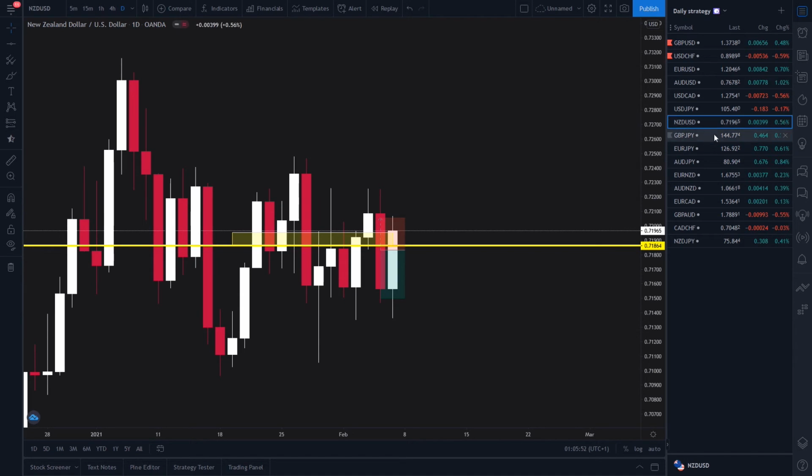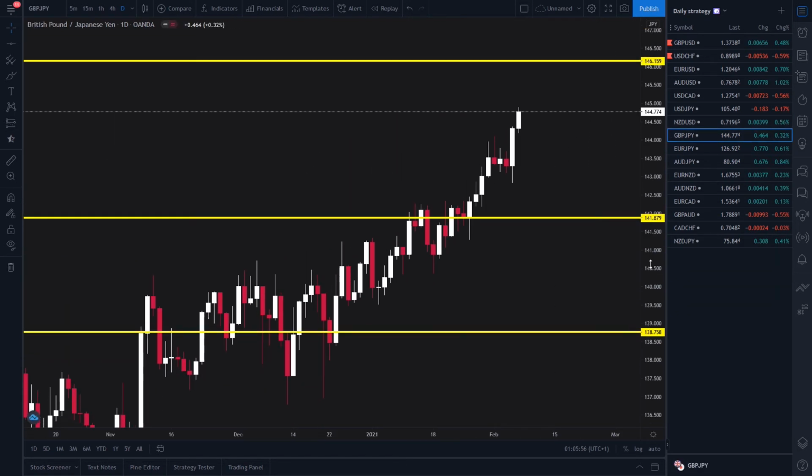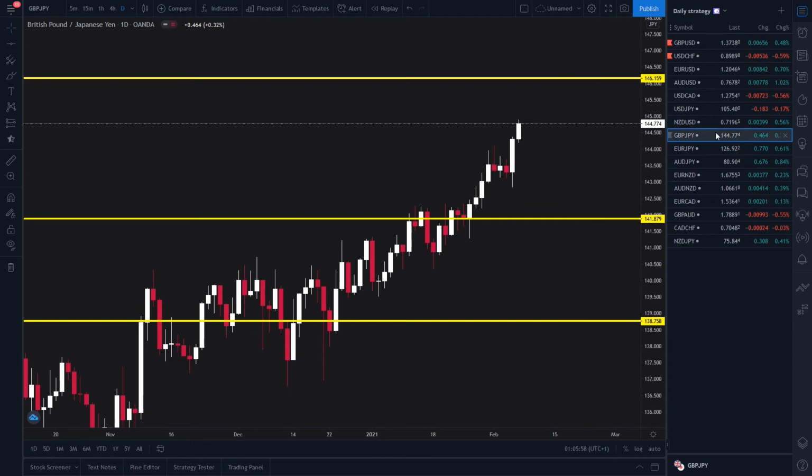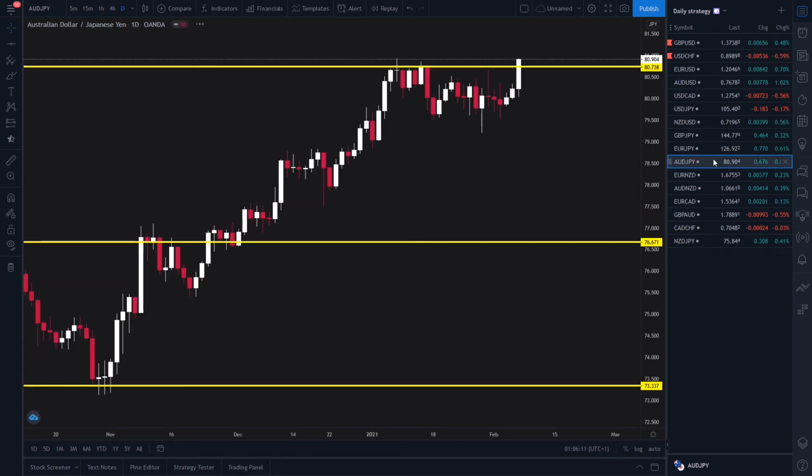We have been here. So GBPJPY pushing to the nearest resistance, so no trade here. EURJPY same as GBPJPY pushing to the resistance, so we will wait.